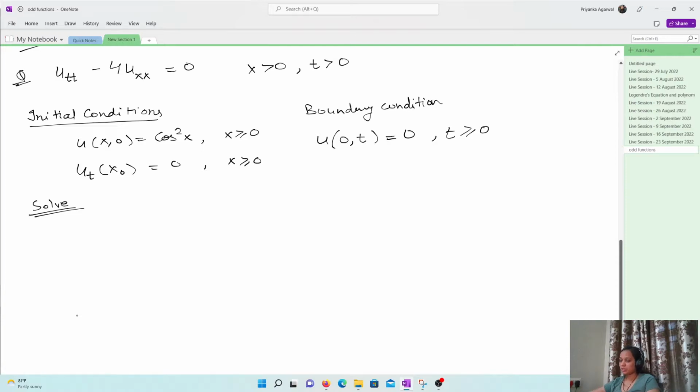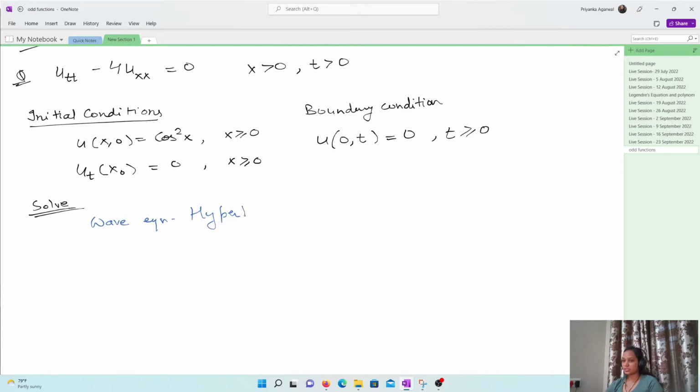Okay. Now you know that wave equation is actually of the hyperbolic form, which we just go to the normal form. It is actually b square minus 4ac is less than 0. So this wave equation is of the hyperbolic form.